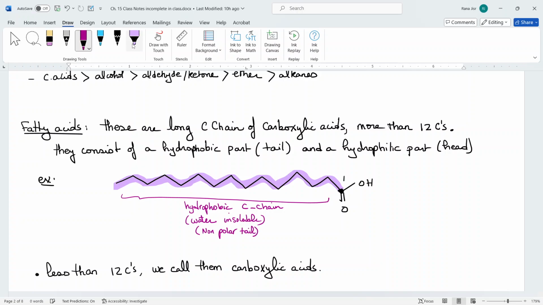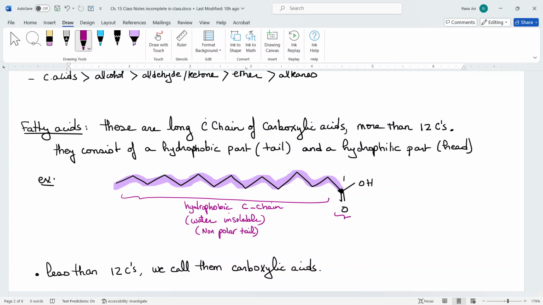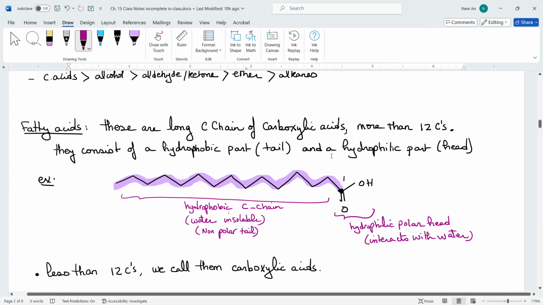The second part of the fatty acid is the hydrophilic head. It is a polar head. Normally the head here interacts with water. This is why we call it water loving, because it can hydrogen bond with water.